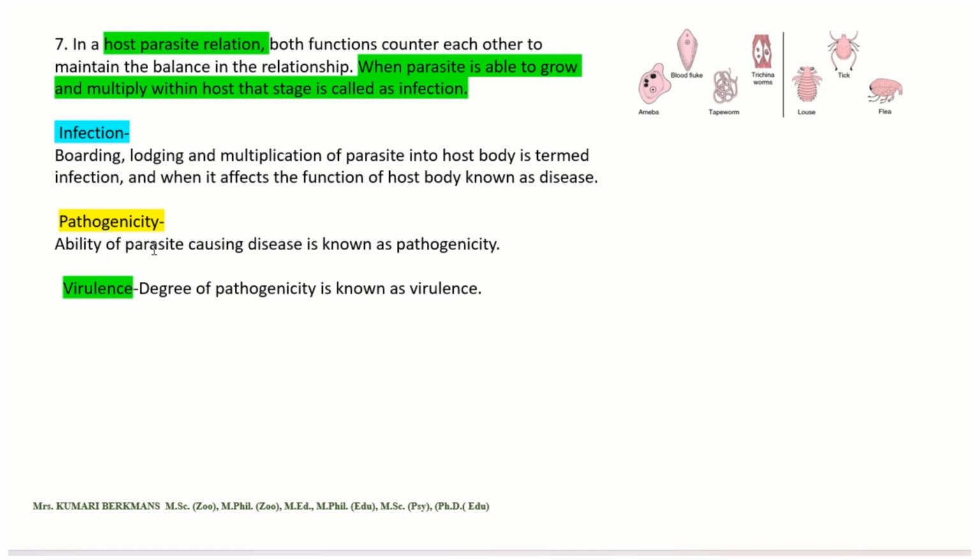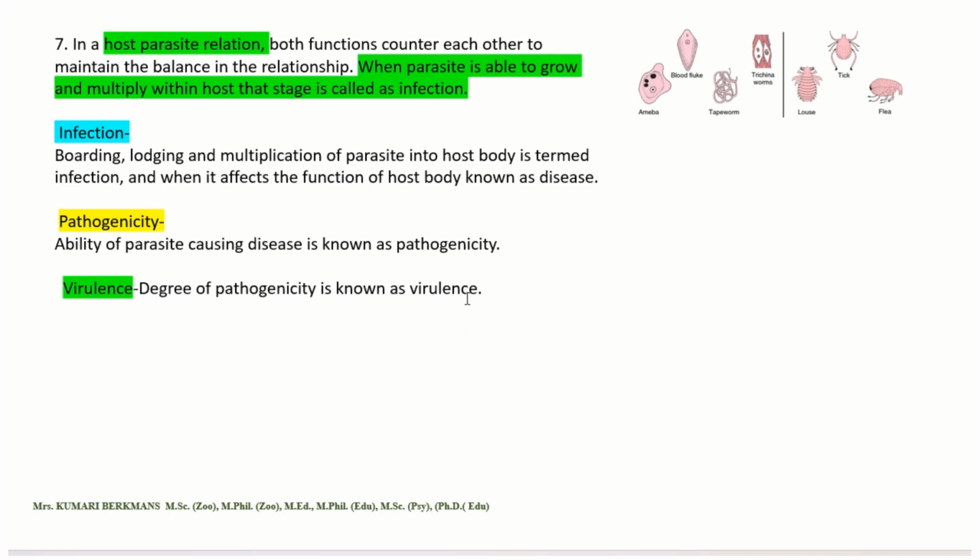Then pathogenicity. What is pathogenicity? The ability of the parasite to cause disease is known as pathogenicity. What is virulence? Virulence is the degree of pathogenicity.